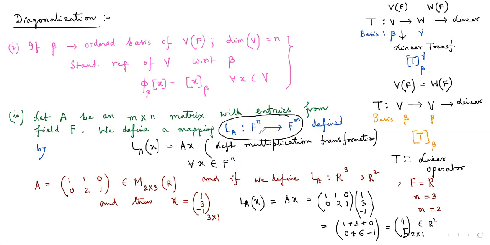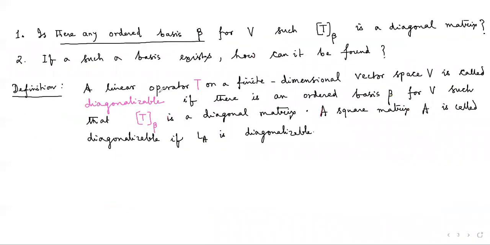So if we talk about the square matrix, then on both sides we have to consider a matrix which is a square matrix. That means, as I considered over here, the matrix A to be a rectangular matrix belonging to M 2 cross 3 R, if I talk about the square matrix, then we have to consider the matrix from M 2 cross 2 R or M n cross n R. So this is in general.